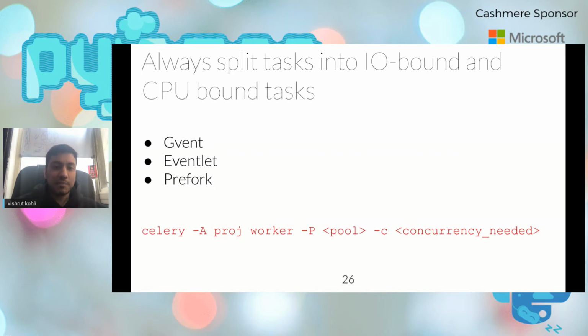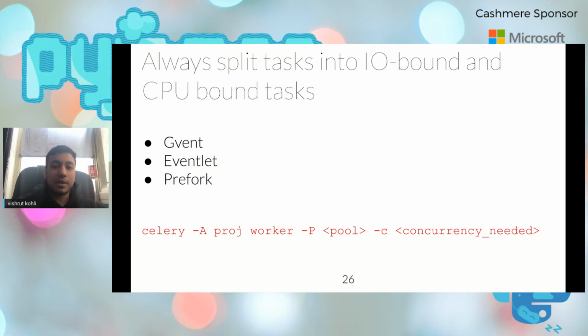These kinds of tasks can be optimized with the help of Gevent or eventlet pools, which help us enable a non-blocking IO approach in which the thread goes to the CPU, registers its request, but does not block the CPU, and whenever its input or output is ready, the CPU raises a callback and the thread goes and collects it. This way, our CPU is never blocked by concurrent IO processes.